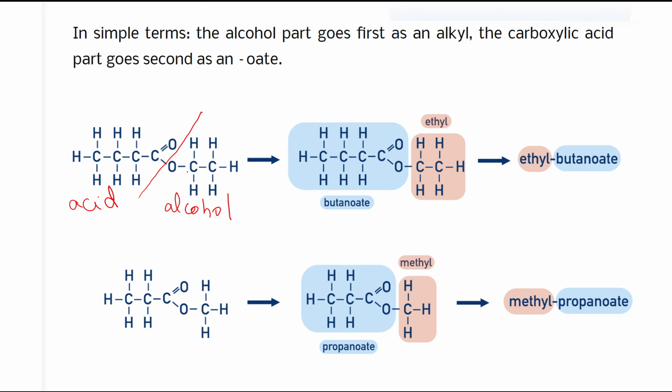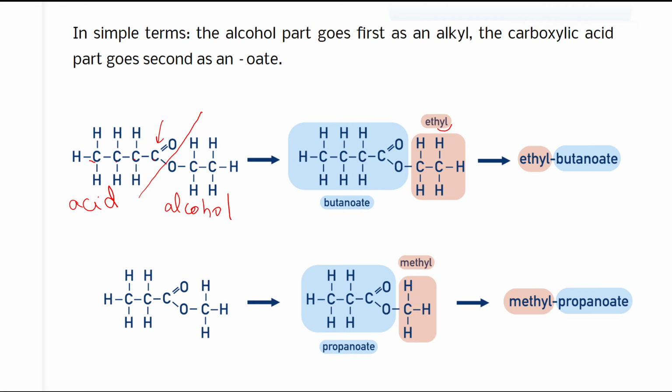How many carbons are there in the alcohol? 2. So it will be ethyl. It will end in "-yl". How many carbons in the acid? 1, 2, 3, 4. 4, so it is but-, and it ends in "-anoate", and the ester will be ethyl butanoate.